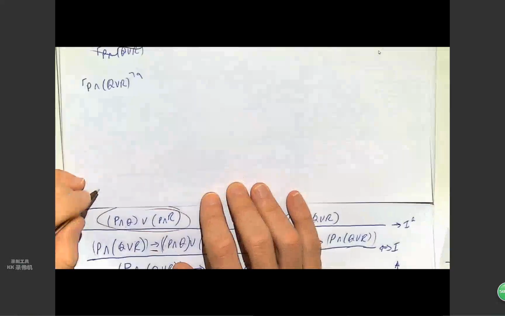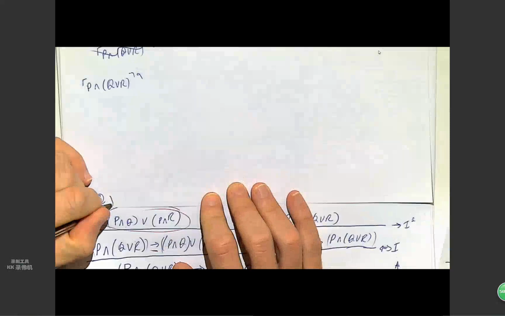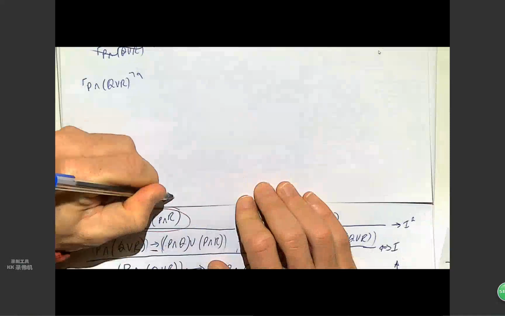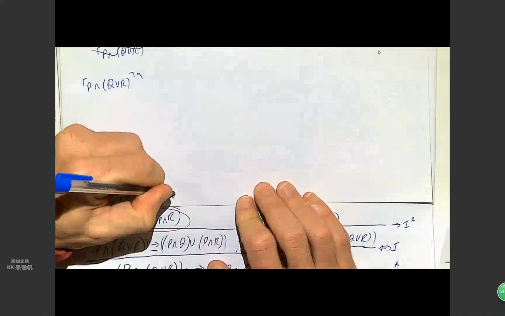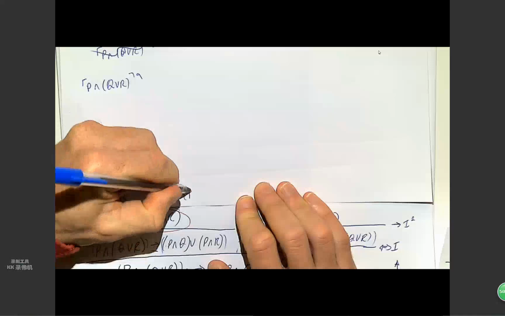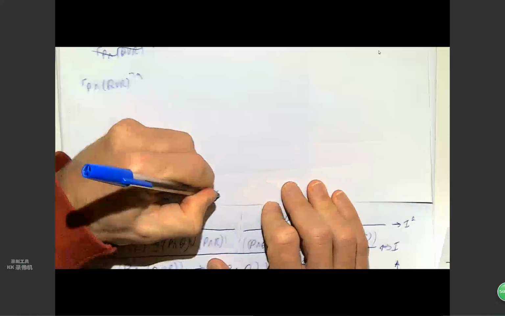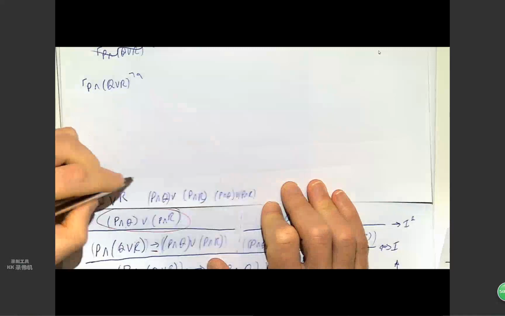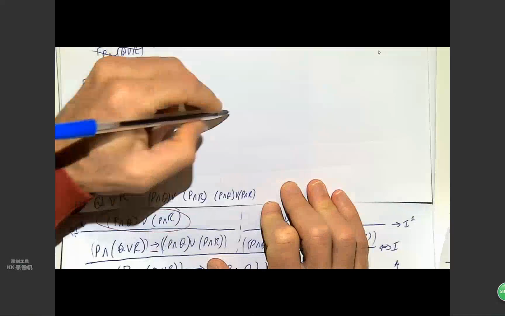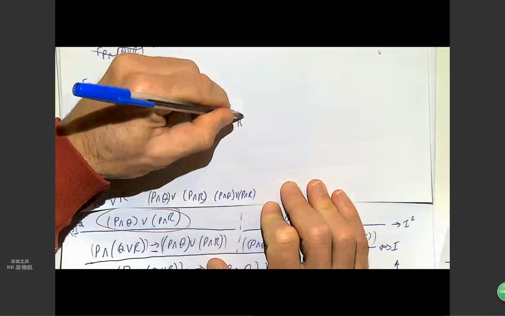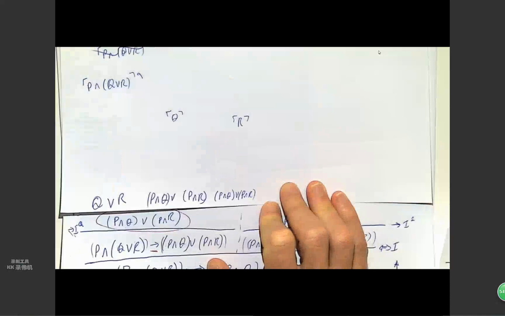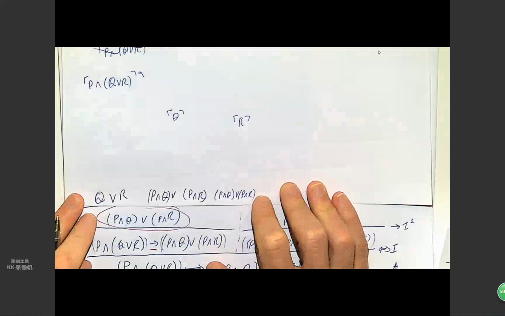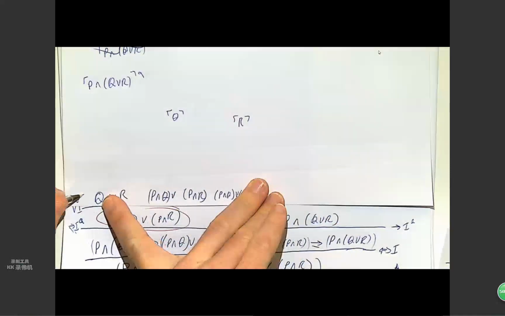At the top of the bar, I'll get Q or R. And then I have to prove P and Q or P and R, where in here I can assume Q and in there I can assume R. And this is by OR elimination.